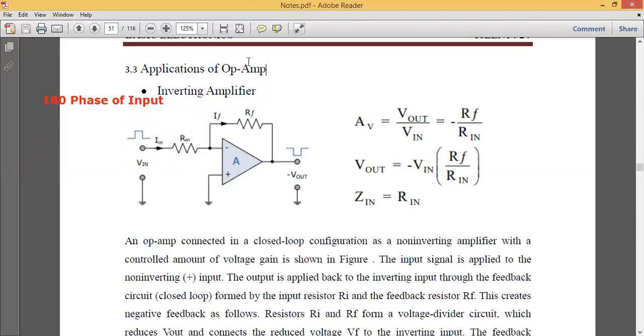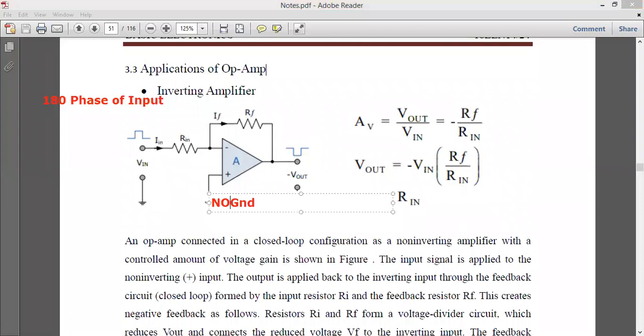compulsorily in the inverting amplifier, आपको क्या करना है, आपको जो plus symbol जहां पे आप देख रहे हैं, it should be connected to ground. So the plus sign of the op-amp, which is nothing but your non-inverting pin, should be connected to ground.